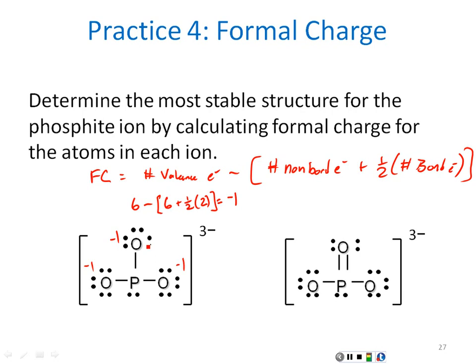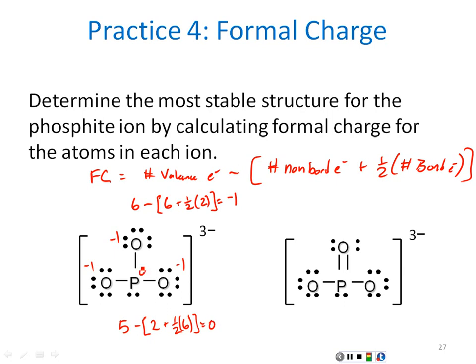Let's do phosphorus now. Phosphorus normally has 5 valence electrons. Here we have 2 non-bonding, and there are 6 bonding electrons. So 2 plus 3 is 5. 5 minus 5 would be 0.